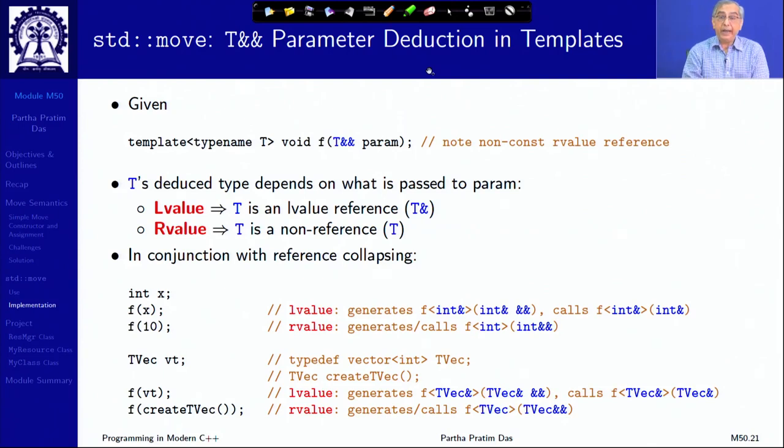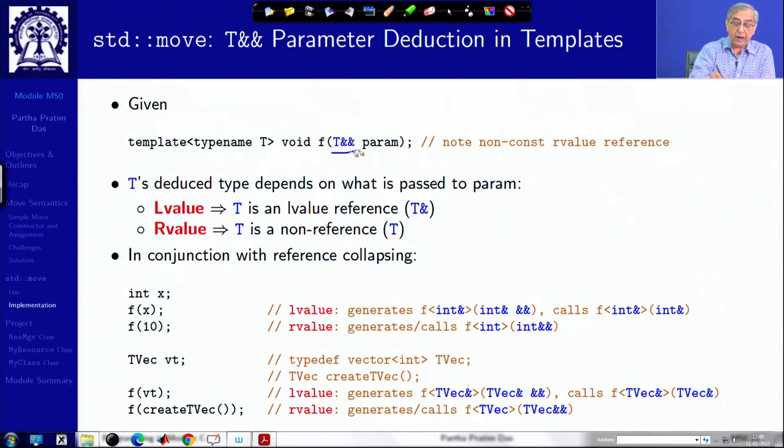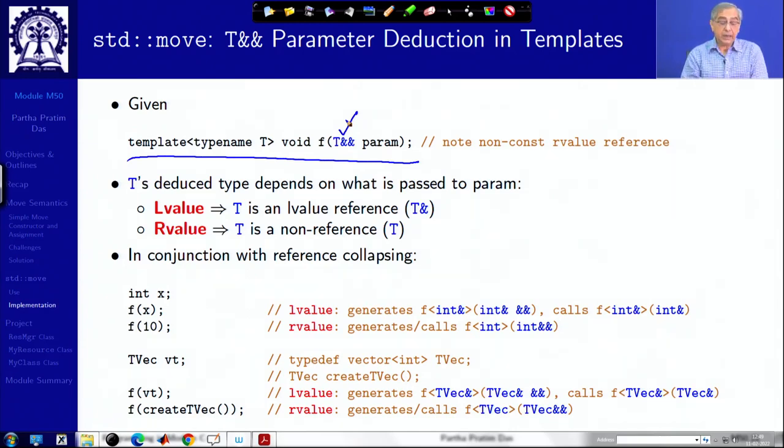So, what we make use of is the interpretation of R value reference in the template. So, let us see what happens. Suppose I have a template function f where the parameter is an R value reference, T&&. Now, what will happen? The T will be deduced depending on what is passed to it.